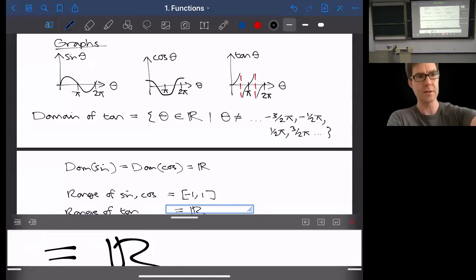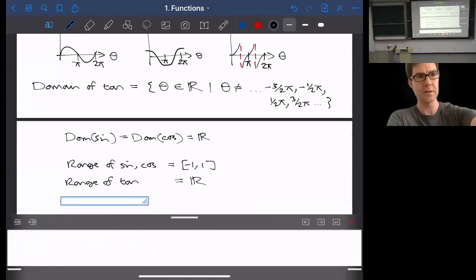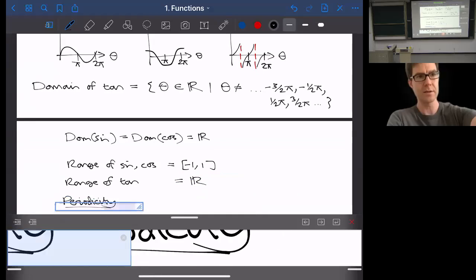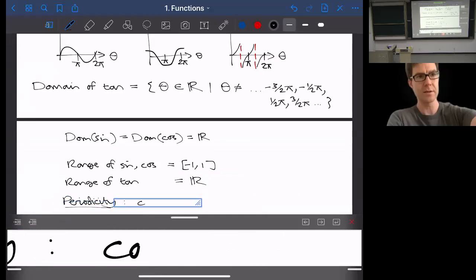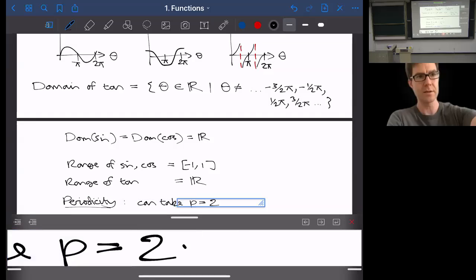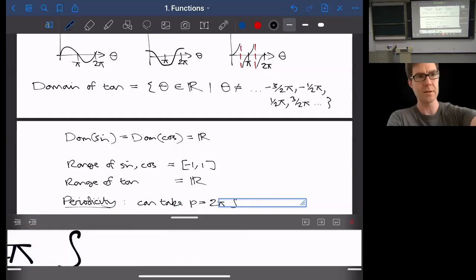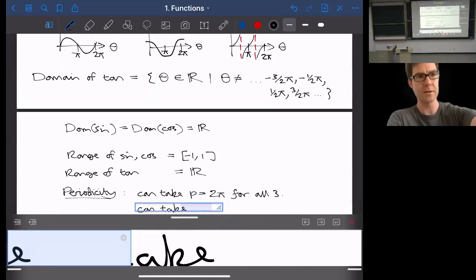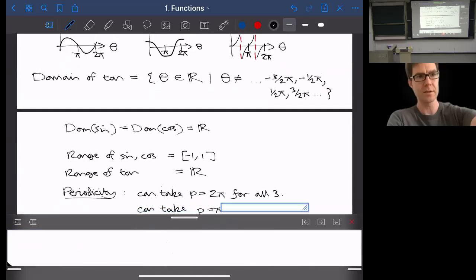So about periodicity, we can take P equals 2 pi for all three, but we can take P equals pi for tan.